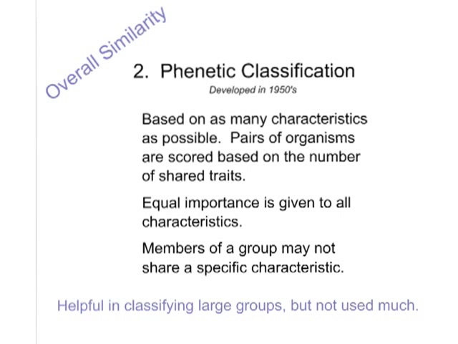So it wouldn't be based on how much a particular trait would be in common as how many different traits they would share and have in common. So you may have a group that ends up being classified where all of the different members may not share a specific trait within that group. The idea behind it is overall similarity, and it is not used much anymore.